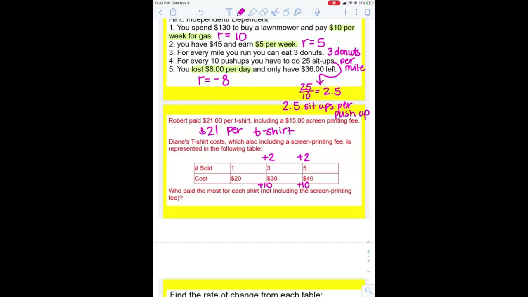So the top row is X and the bottom row is Y. And I'm going to take my change in Y over my change in X, which in this case is 10 divided by 2. And we see that for Diane's shirts, you're only paying $5 per shirt. When we do that, we see that our rate of change is $5. So Robert is definitely paying more per t-shirt.